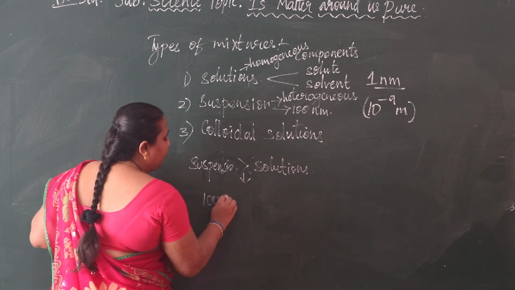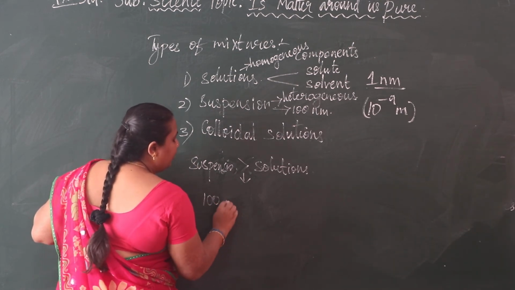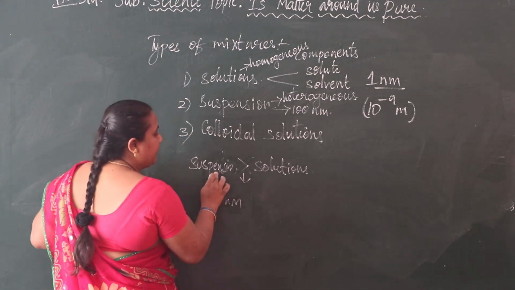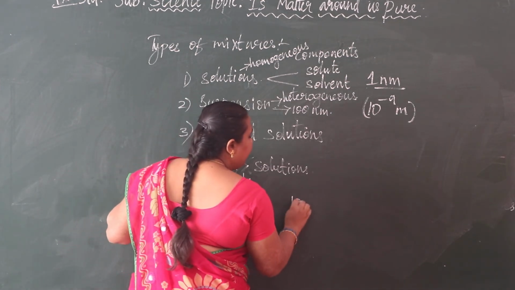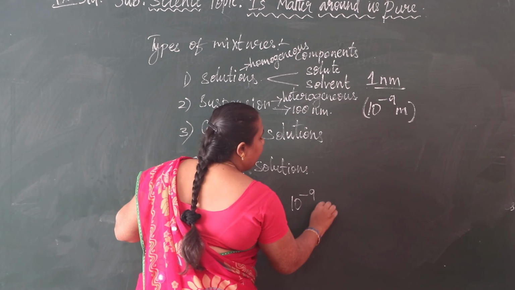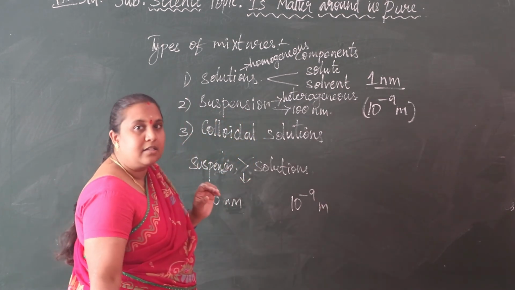So 100 nanometer is a suspension, and 10 to the power of minus 9 meter, that is 1 nanometer, is a solution.